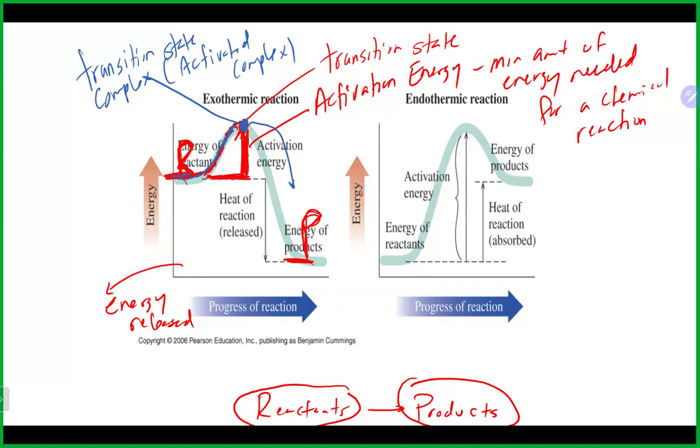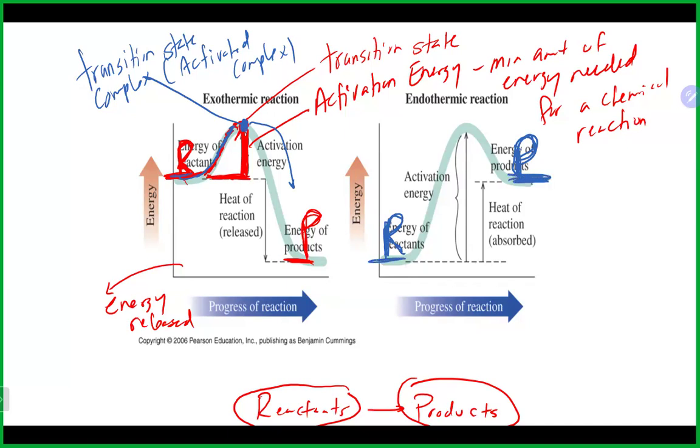If we look on the right-hand side, this is for an endothermic reaction. If we locate our reactants versus our products, our reactants are down here in energy, and our products are up here in terms of energy. We have the opposite situation in this case. Our reactants are lower in energy than our products.